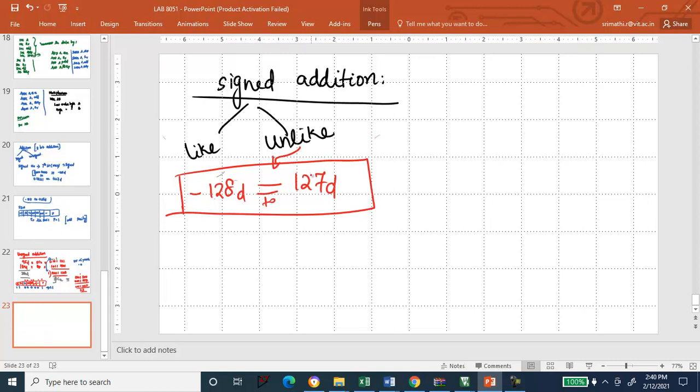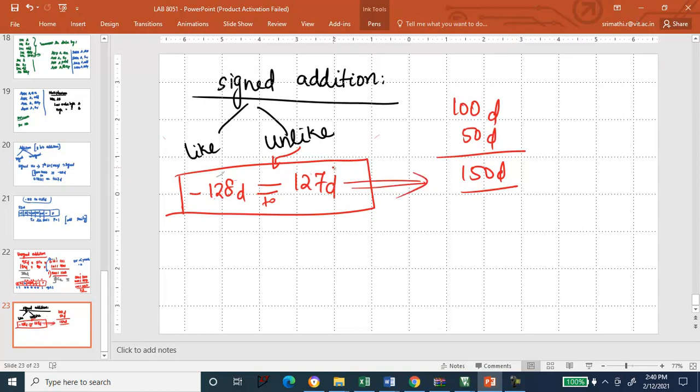For example, if I am adding two numbers, namely 100 decimal and 50 decimal, the result is 150 decimal. On the positive side, it has gone ahead of 127. It is out of this range.